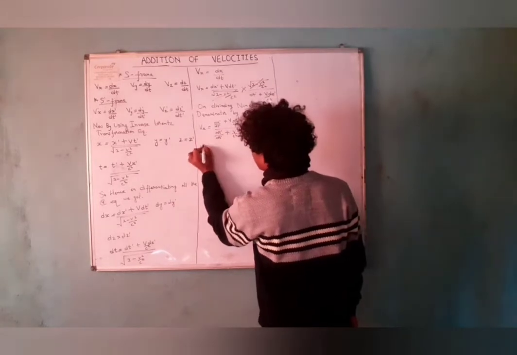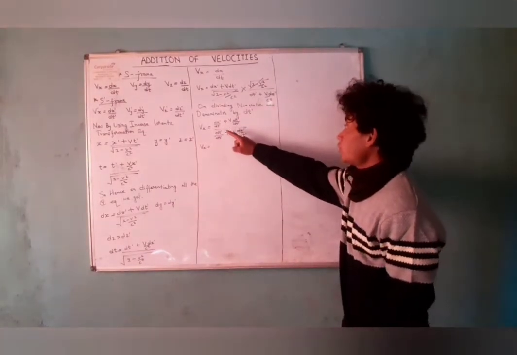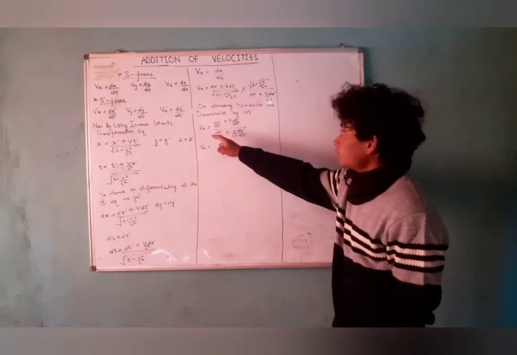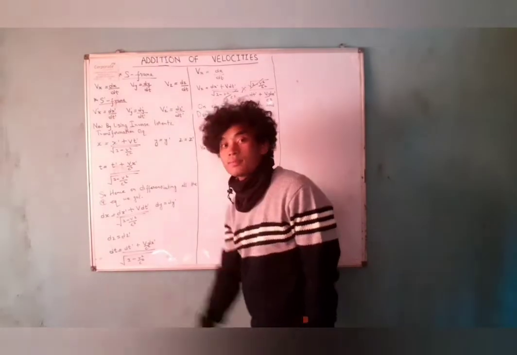So Vx equals to dx prime by dt prime. So we can put the value: dx prime by dt prime equals to vx prime.